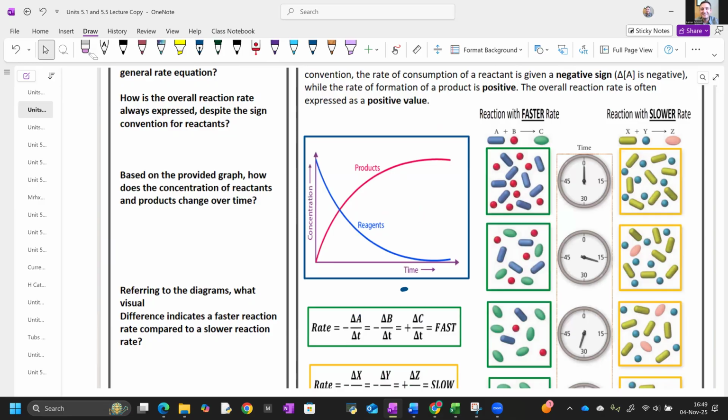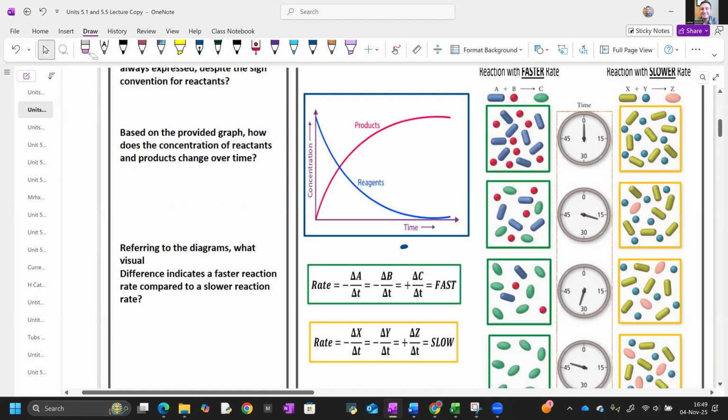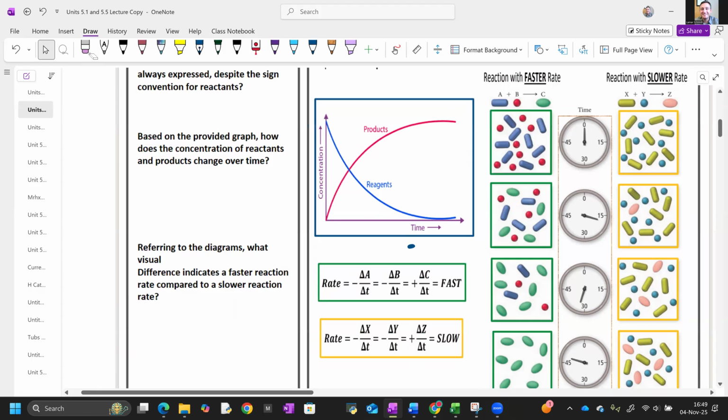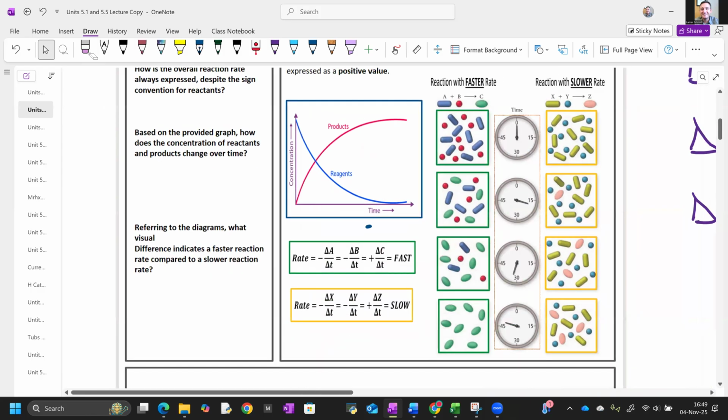So another thing that we see here is, if we were to look at this reaction here, we want to compare maybe what is a fast rate versus a slow rate. We notice that both of these reactions are occurring over the same amount of time, but in this A plus B going to C, all of the reactants get converted to product in the same amount of time, while in the reaction of X and Y to Z, only a small fraction of the particles of the reactants get converted to products.